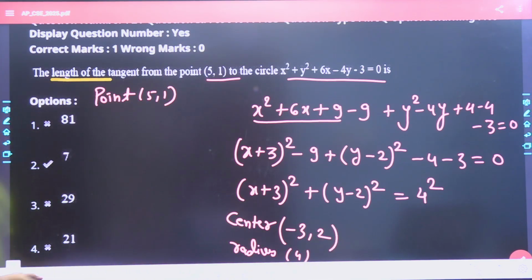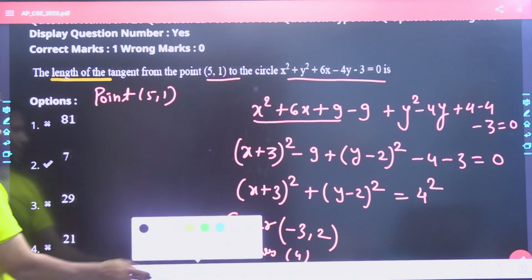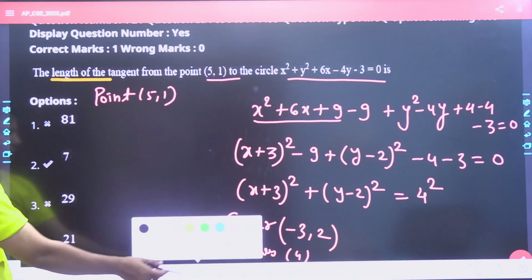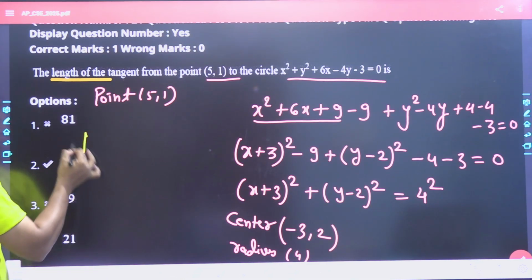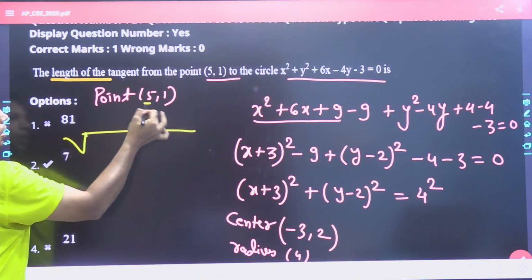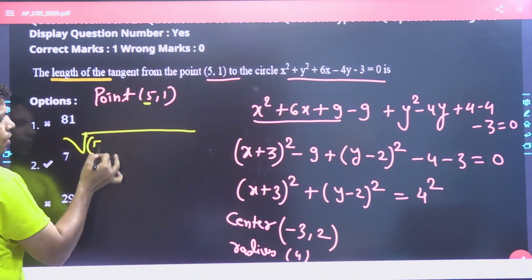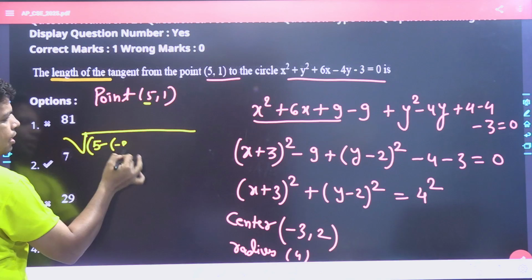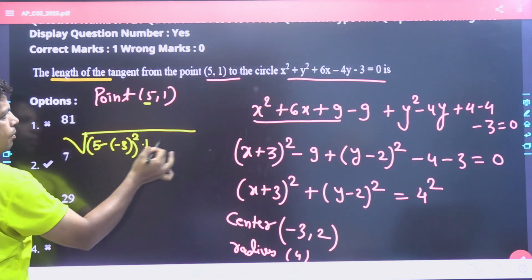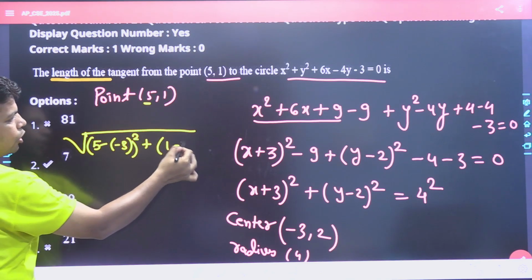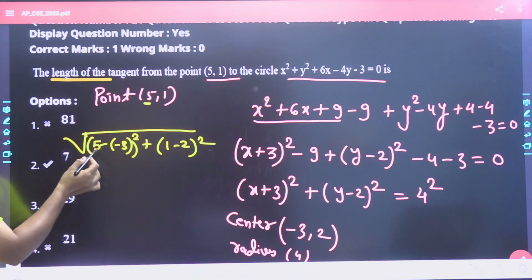So we need to find the tangent. How can we calculate the length of tangent? The square root of (5 minus minus 3) whole square plus (1 minus 2) whole square, minus r square, the radius square.